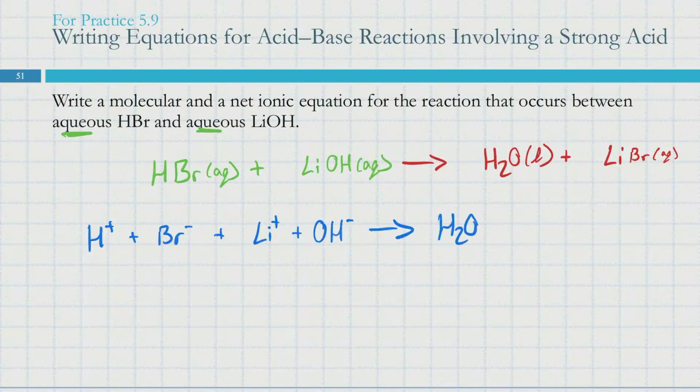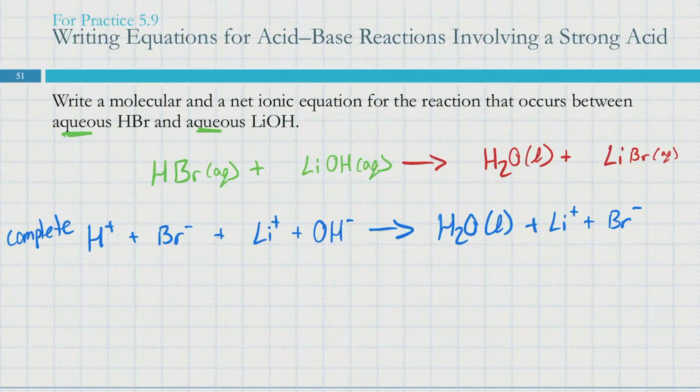And then we've got H2O, which is a liquid, and so we keep that together. And then the other things that we have are the lithium ion and the bromide, and since those are aqueous, we separate them out as well. So that would be our complete ionic equation.